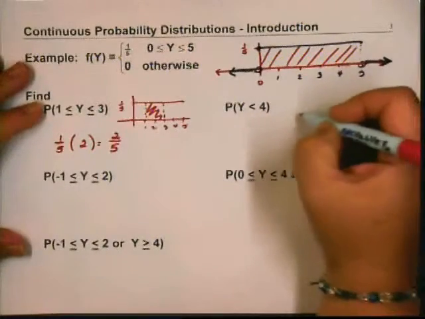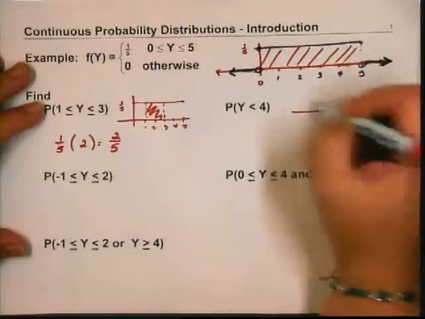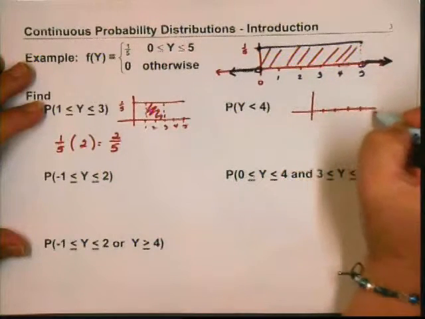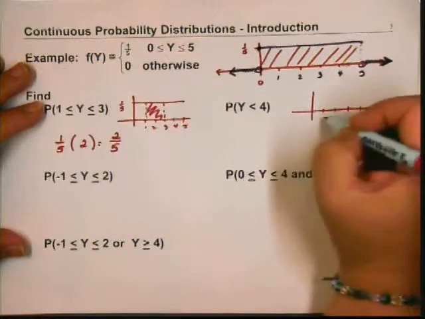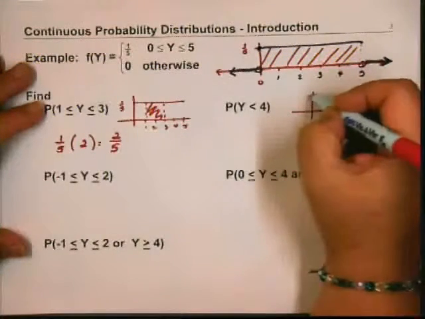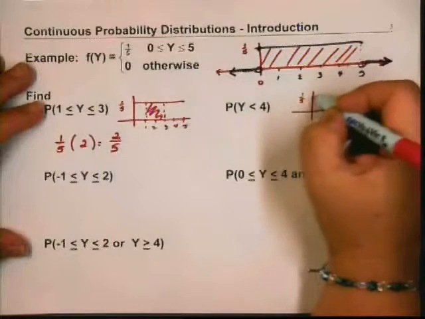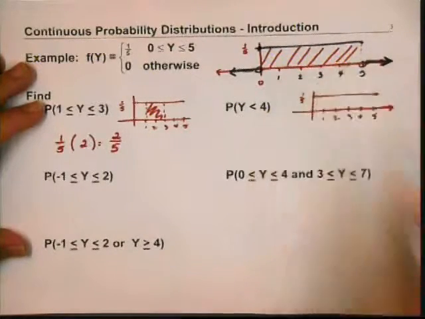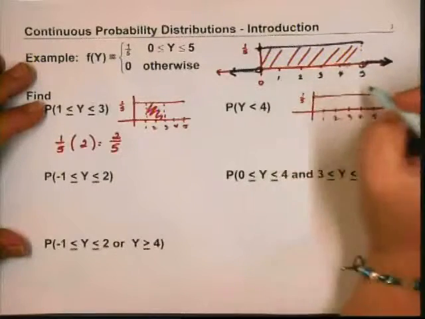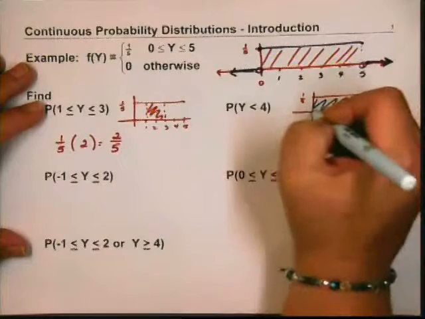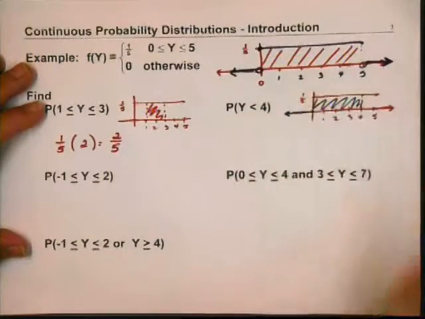Y strictly less than 4? For most of the things that we're looking at, the PDF's not going to get too complicated. There's our function again, and if y is strictly less than 4, then the area we're looking for is here, plus the zeros piece, right?